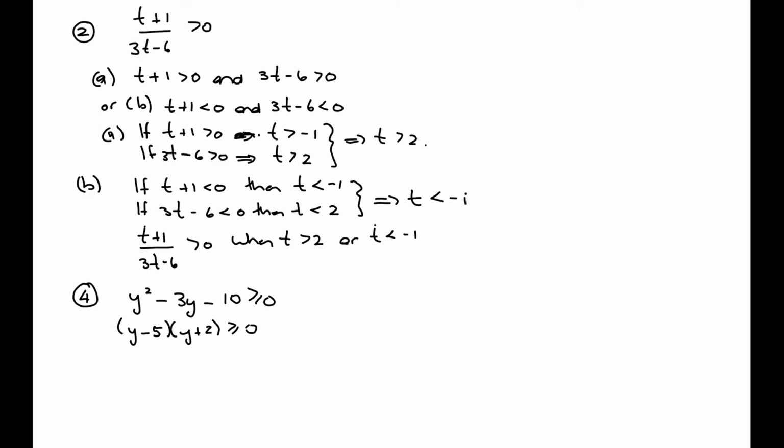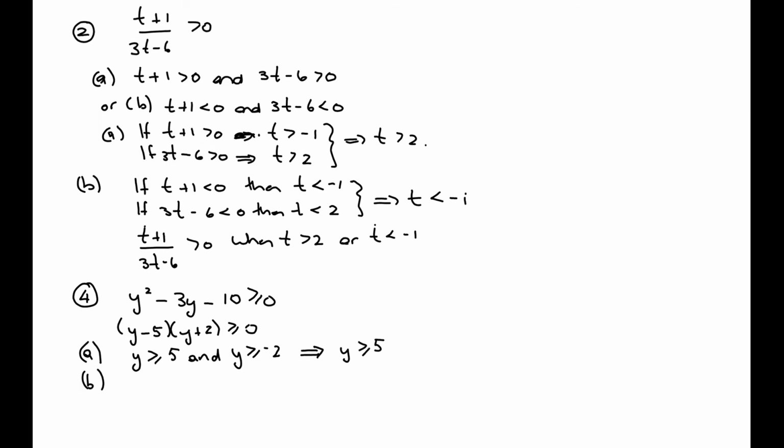We kind of proceed as if it's an equality, but not quite. If we need both of them to be positive, and that will give us a positive answer, then y would be greater than or equal to 5, and y would be greater than or equal to negative 2, and the combination of those would give us that y was greater than or equal to 5.